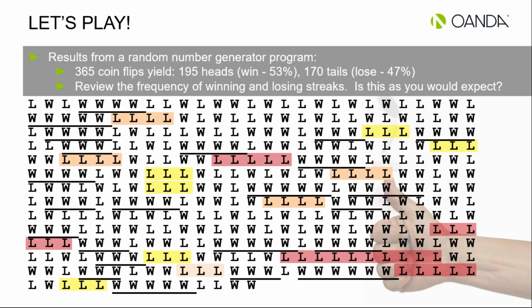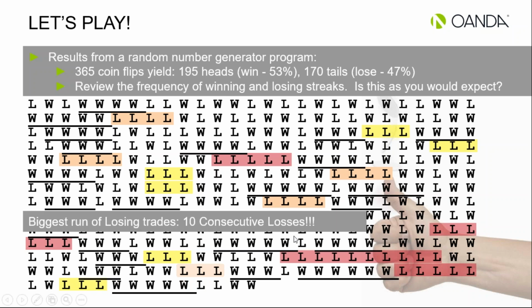Now if you look at the highlighted areas on that little picture there, what do you think about the frequency of the winning and losing streaks? Is that what you expect? Well, the biggest run of losing flips there was 10 consecutive losses.